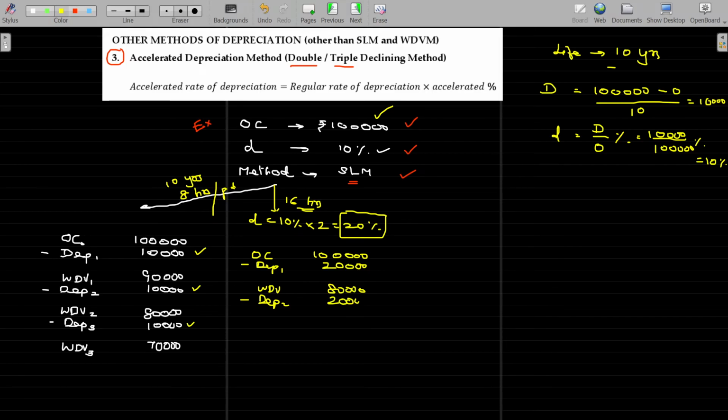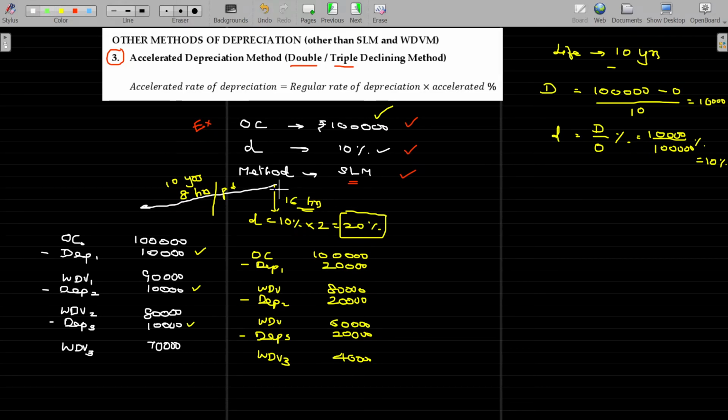If I subtract, then the WDV here being 60. And third year the depreciation could be again 20,000 rupees on the original value. So the WDV by the time equivalent to third year being 40. This is called accelerated.